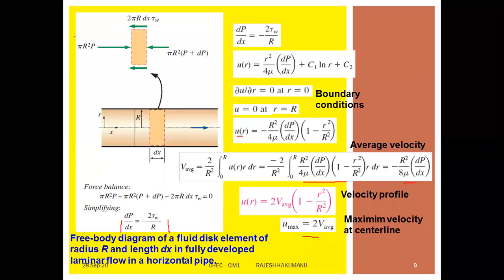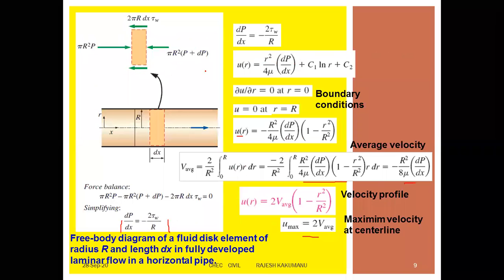Next, what happens to the pressure drop and the head loss when you take a circular pipe? A quantity of interest in the analysis of pipe flow is the pressure drop, that is the change in pressure, delta P, since it is directly related to the power requirements of the fan or pump to maintain the flow.